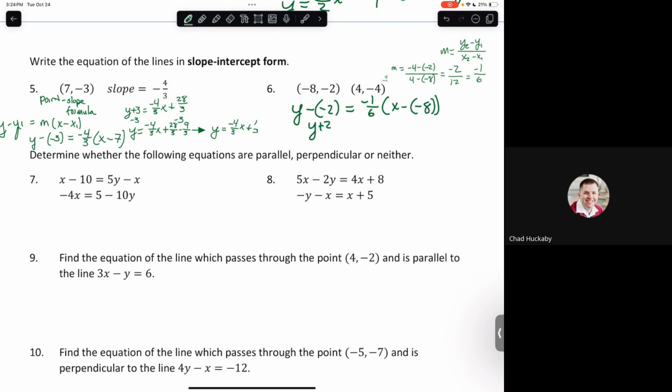So y plus 2 is equal to -1/6 x, not plus, minus, because we have negative times a positive, -1/6 times a positive 8. And what does that give us? 8/6 minus 8/6.